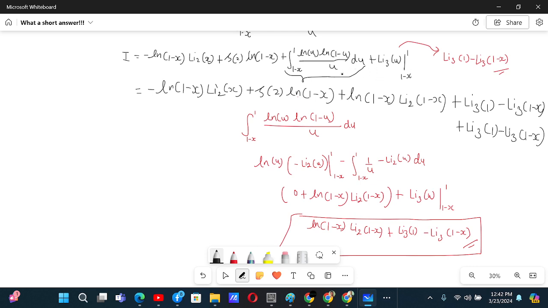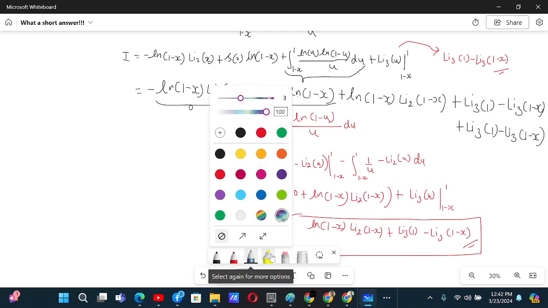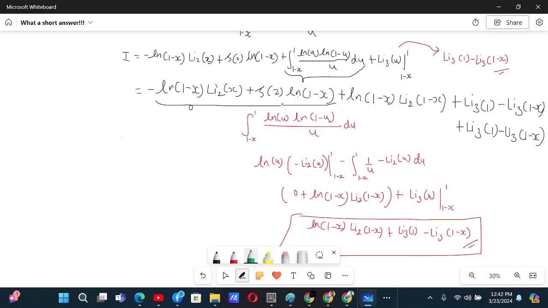Now this is the I, and to notice something, I can merge these two things, because Riemann zeta of 2 minus Li2 of x will again have another simpler form in terms of Li2 of 1 minus x. So if we try to merge these two, we will have ln of 1 minus x, Riemann zeta of 2 minus Li2 of x.